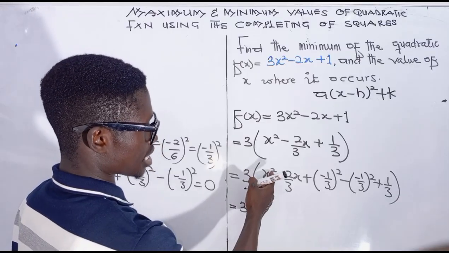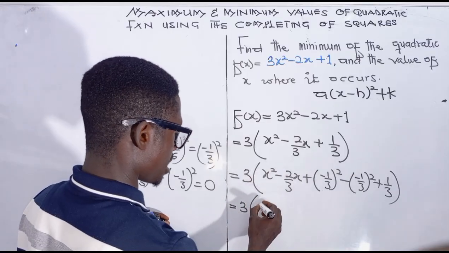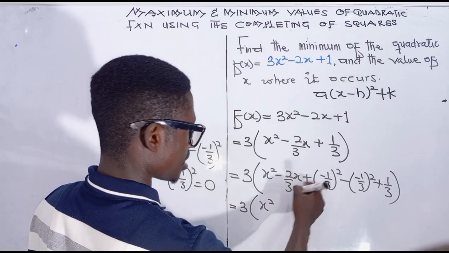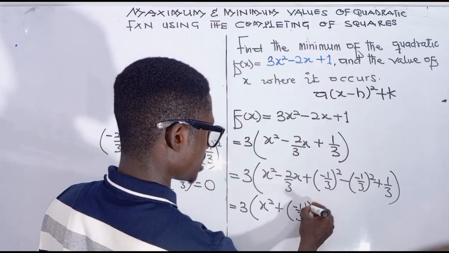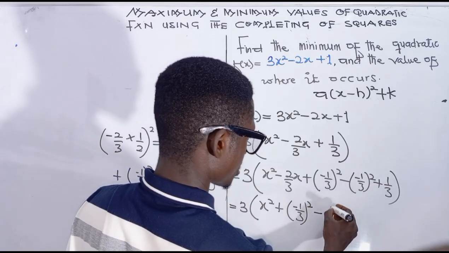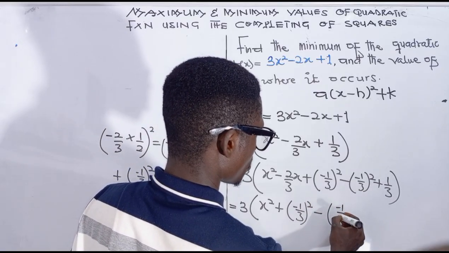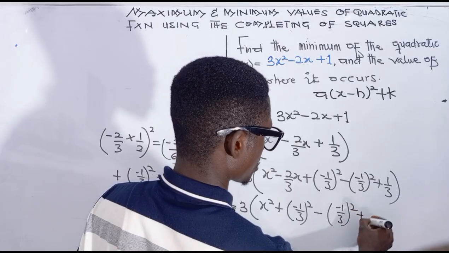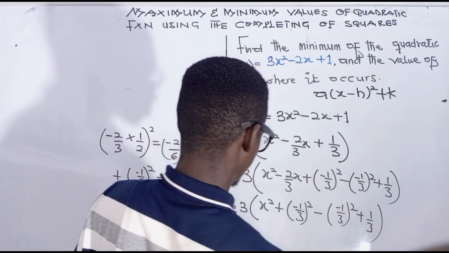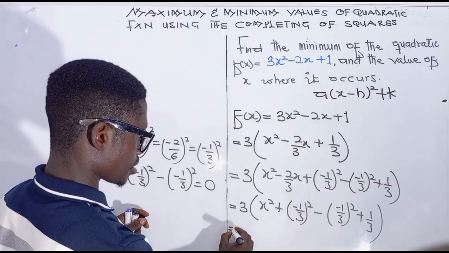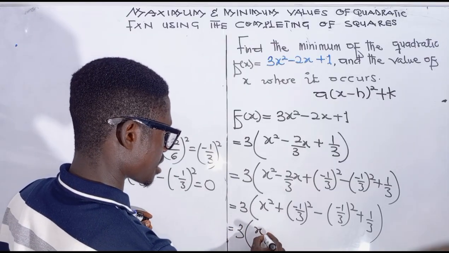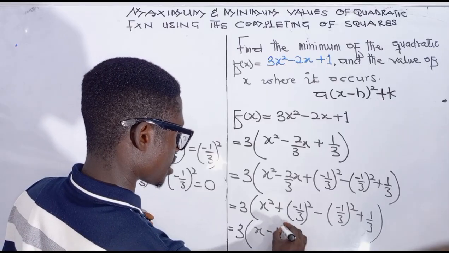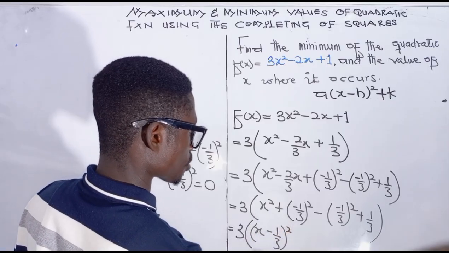Now let's group this x squared and then this squared together. So we have x squared plus minus 1 all over 3 squared. Then we have minus 1 all over 3 squared plus 1 all over 3. Now with this, we can write it as x minus 1 over 3 all squared.